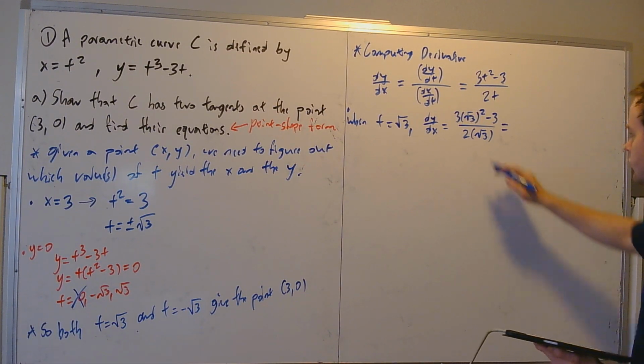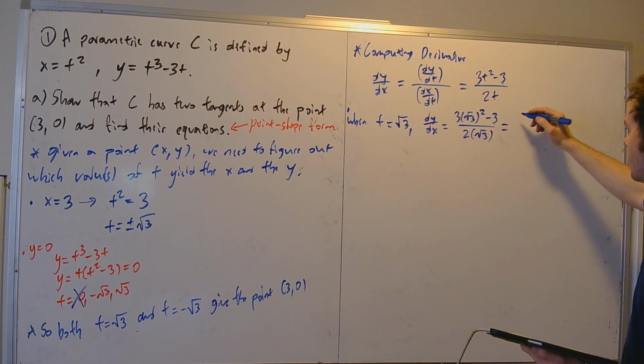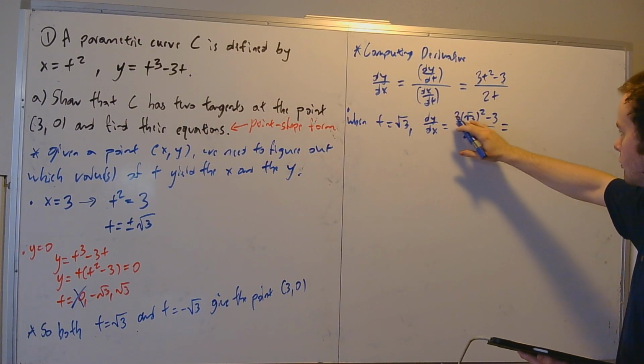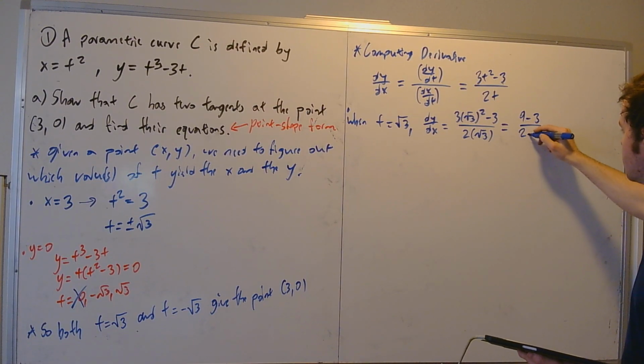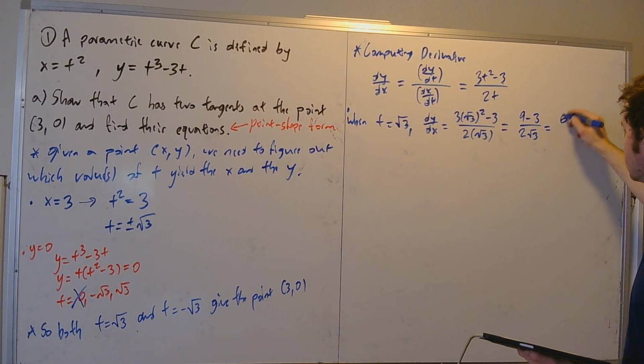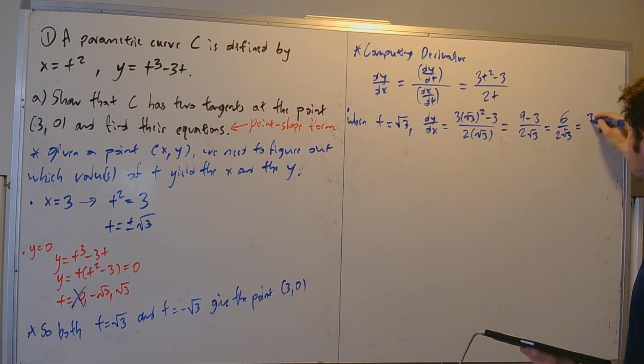If you square root 3, you get 3, but 3 times 3 is 9. So you get 9 minus 3 over 2 root 3, which is 6 over 2 root 3, which is 3 over root 3.